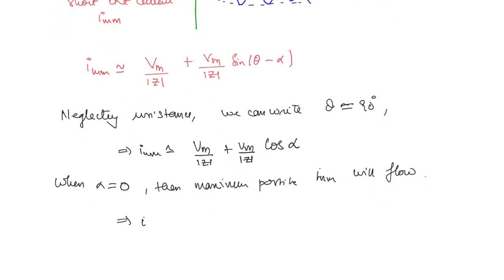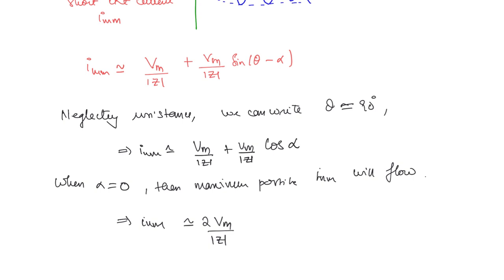So IMM is approximately equal to 2 times Vm by mod z. So you can see here that it is twice of the steady state part. So momentarily the current can become twice as large, okay.